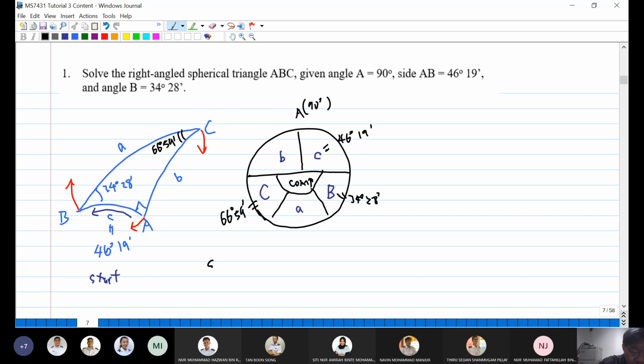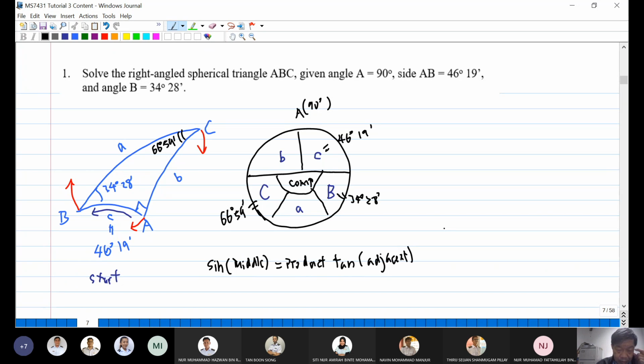We also say that sine of the middle part is equal to the product of the tangent of the adjacent parts. This is the second Napier rule. All these Napier rule formulas are provided in the exam, so don't worry if you've forgotten them.